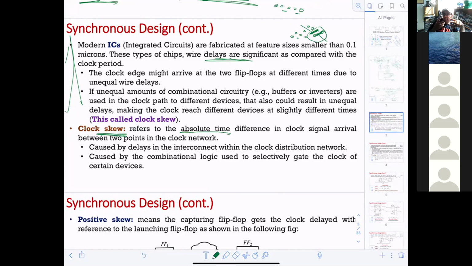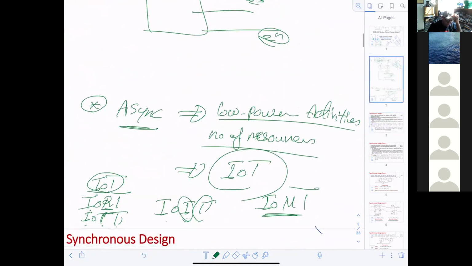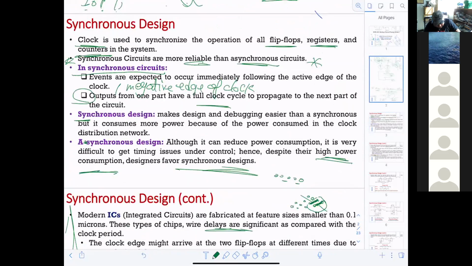Now, there are two different types of skew, or clock skew, based on the configuration. So what is this configuration? Maybe before I jump to it, I need to go ahead and draw something for you.